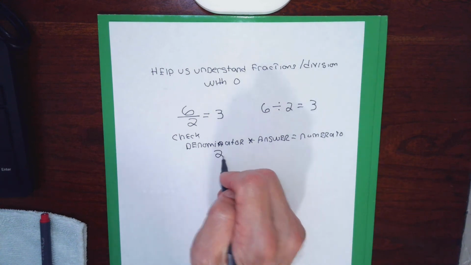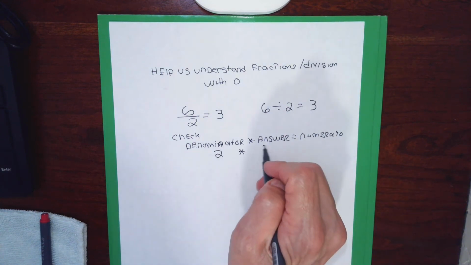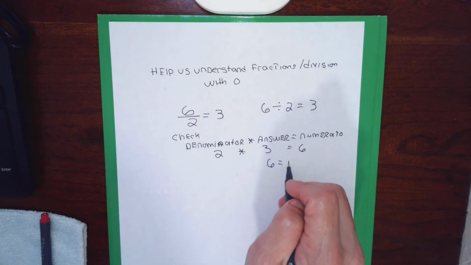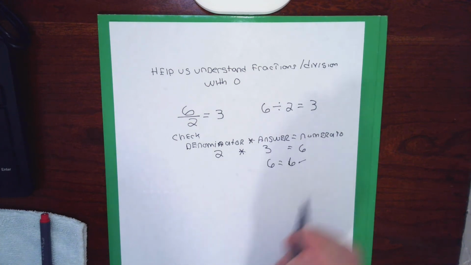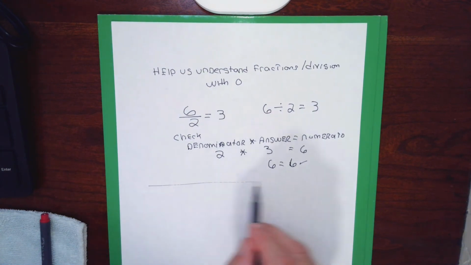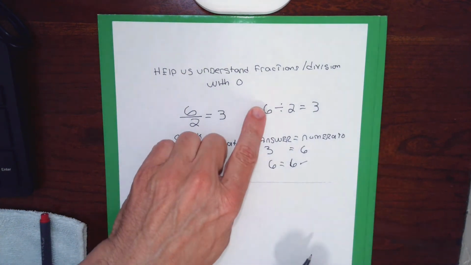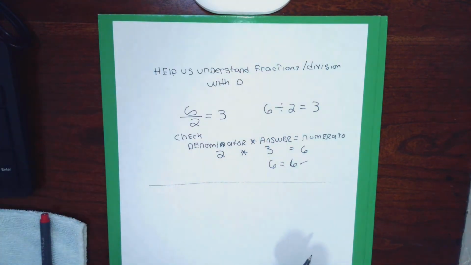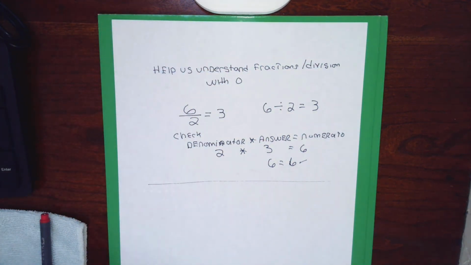Is the denominator 2 times the answer 3 equal to the numerator 6? And that's perfect. So I'm not going to worry about this, because anytime I have a division, I can turn it into a fraction.